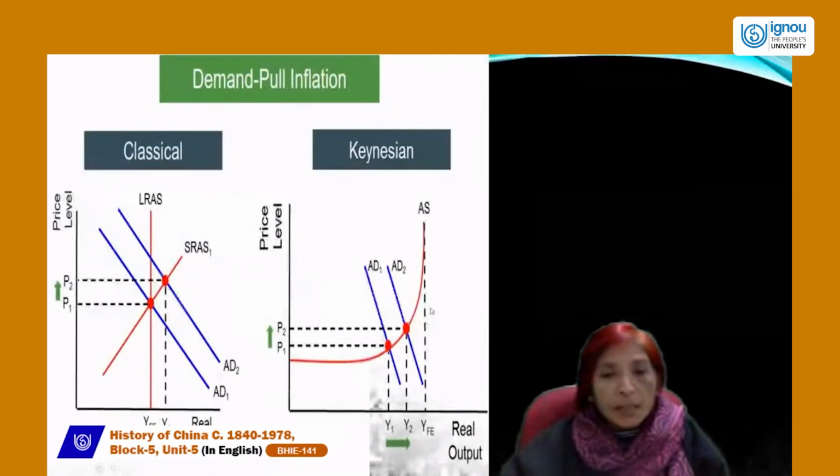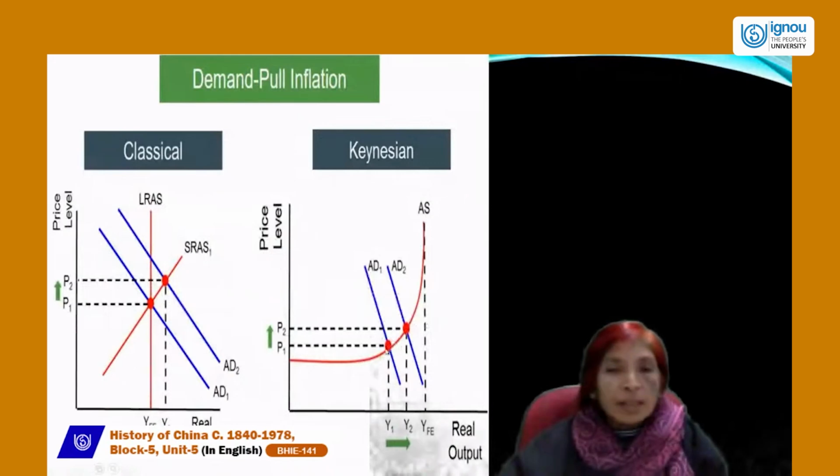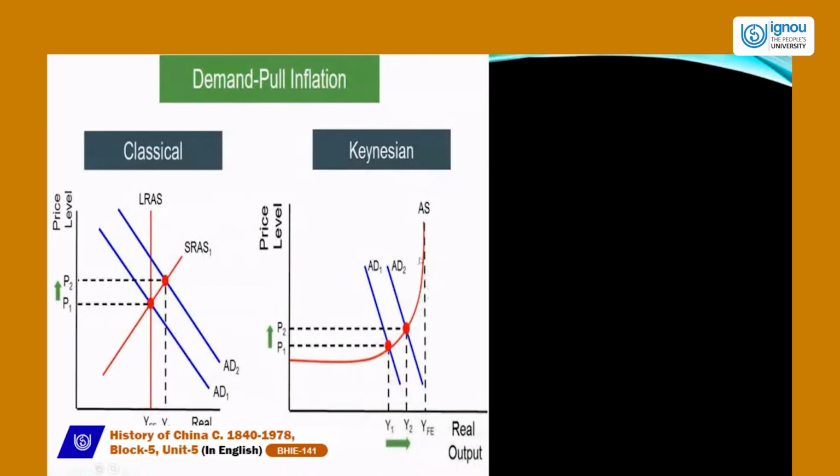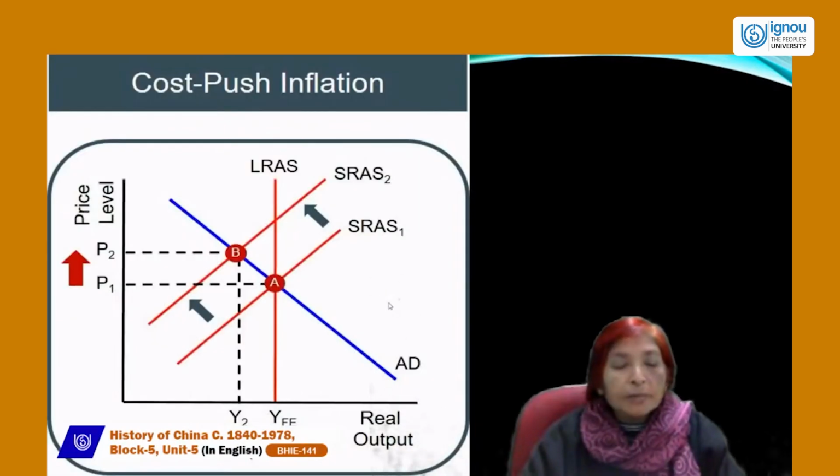And in between the classical and Keynesian range, the middle range is called the intermediate range. And after that, when the aggregate supply curve becomes vertical or parallel to the y-axis, that is the classical range. The SRAS curve is the short run aggregate supply curve.